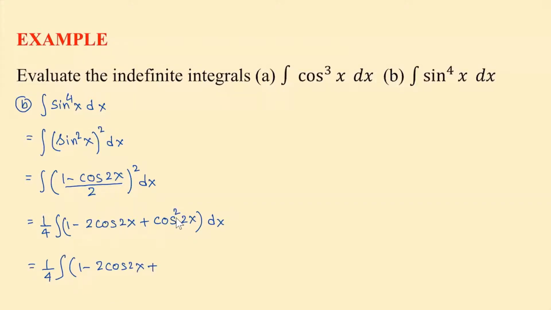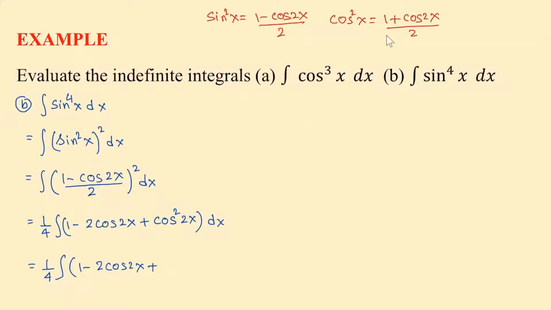If you remember the half angle formula, here we used the half angle formula for sine squared x. Sine squared x is 1 minus cosine 2x over 2. Similarly, the half angle formula for cosine squared x will be 1 plus cosine 2x over 2.